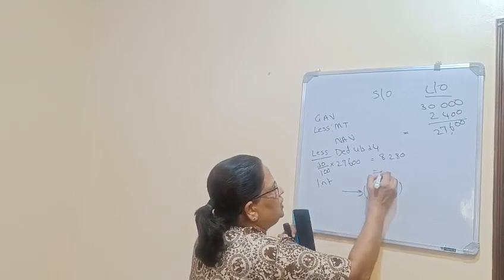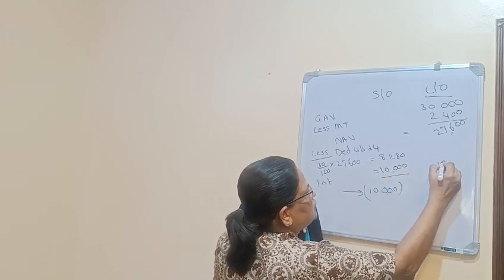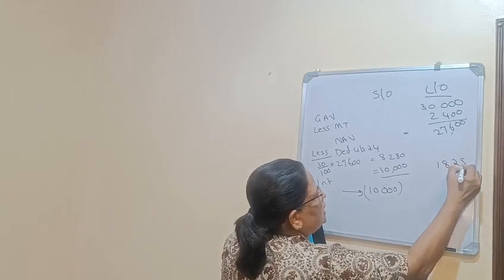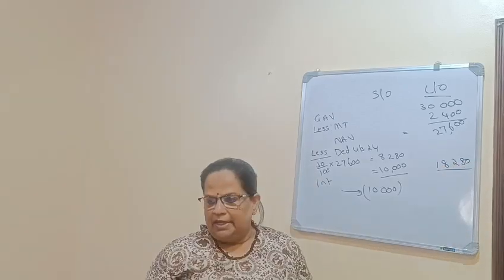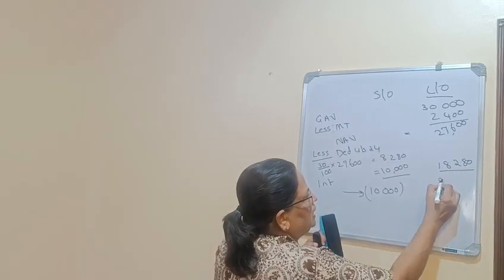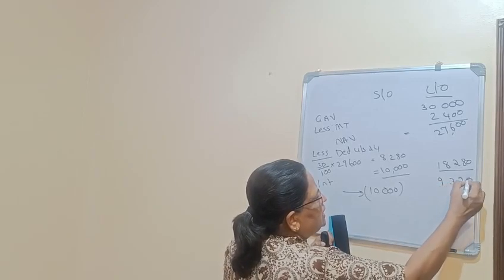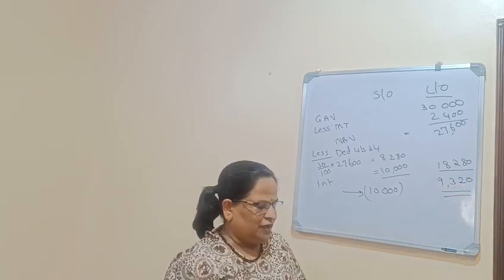So interest on loan, self-occupied 10,000, let out also 10,000. Total deductions 18,280. So here income from house property is 9,320. So both the values we got.